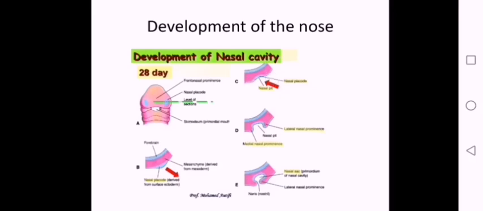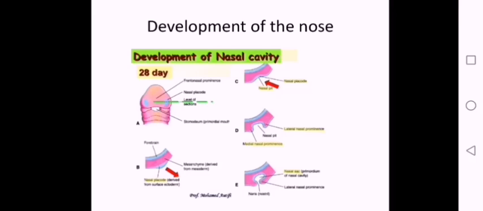Both these elevations elongate as the nasal pit becomes deeper and deeper through the mesenchyme underlying it. And the two elevations which guard the nasal pit are called the nasal prominences. This one is the medial nasal prominence, and this one is the lateral nasal prominence.